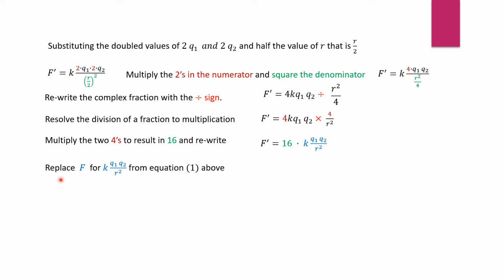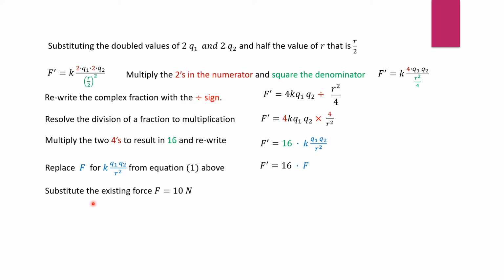Now, as k q1 q2 over r square was given in equation 1 equal to F, so replace F for k q1 q2 over r square from equation 1 and write it as F dash equal to 16 F.